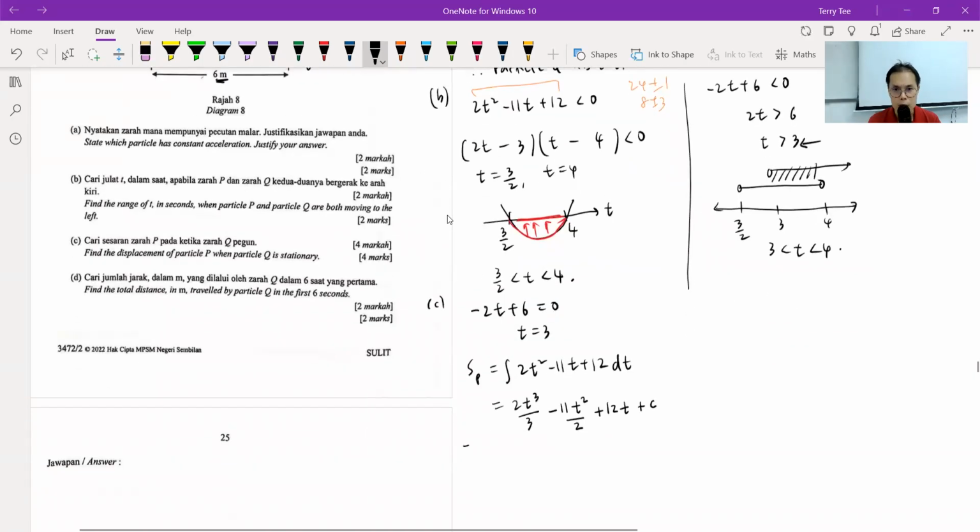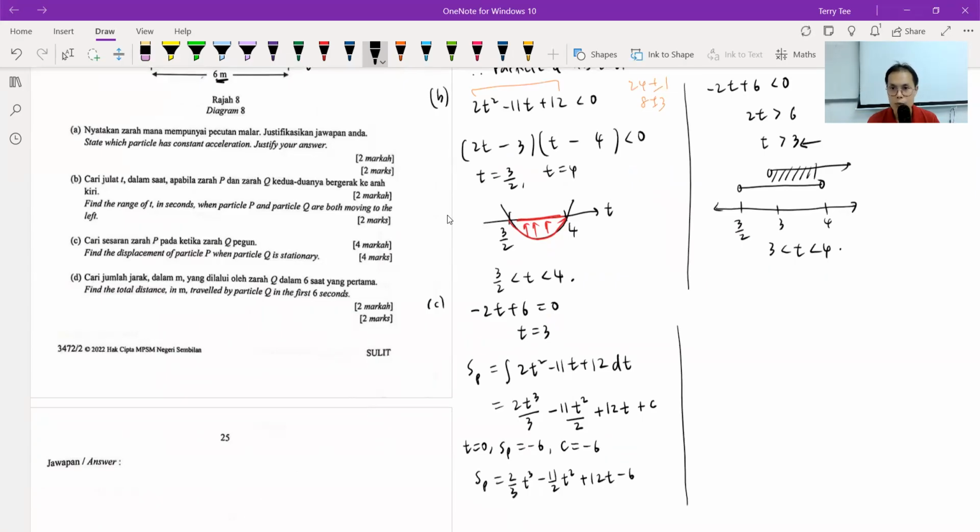So we say when t is 0, SP is -6. Therefore, your c is -6. Your SP is 2 over 3 t cubed minus 11 over 2 t squared plus 12t minus 6. So what we need to do is to sub in t with 3.